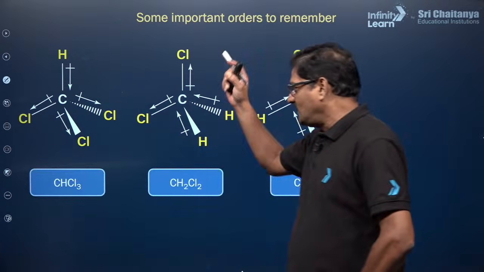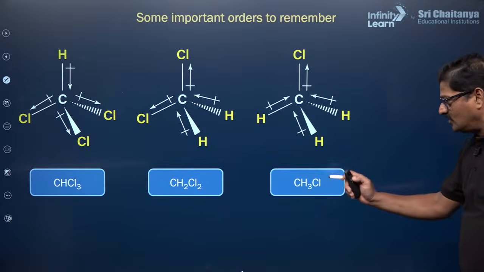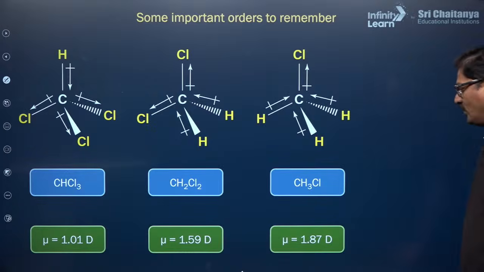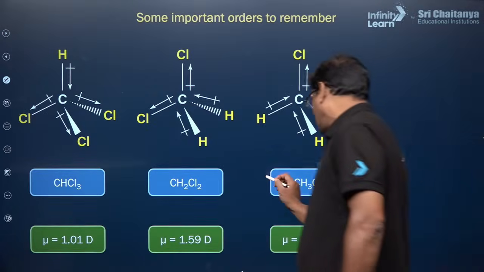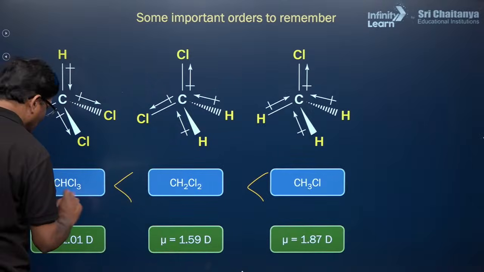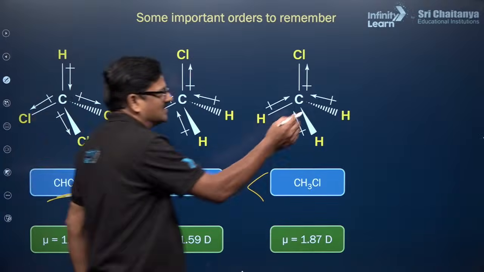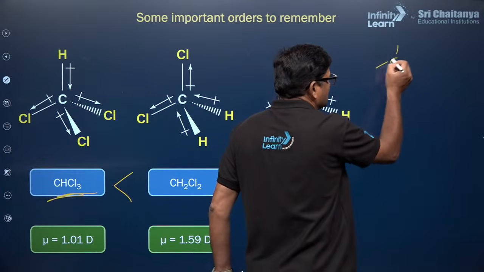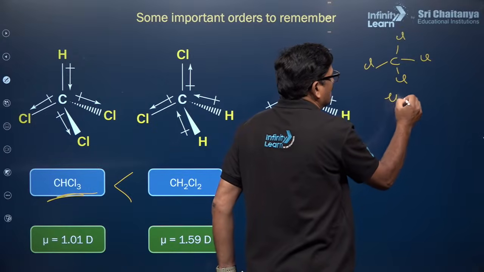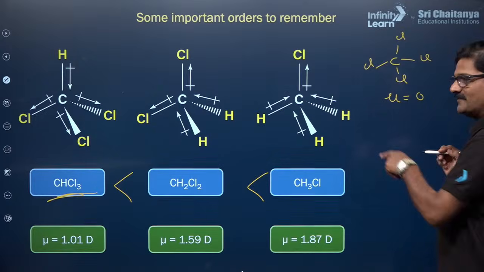Now if you say CHCl3, CH2Cl2 and methyl chloride, trichloromethane, dichloromethane, the dipole moment of methyl chloride is greater than dichloromethane, which is greater than chloroform. Of course, carbon tetrachloride CCl4 has a dipole moment of 0 here, and this order is also very important.